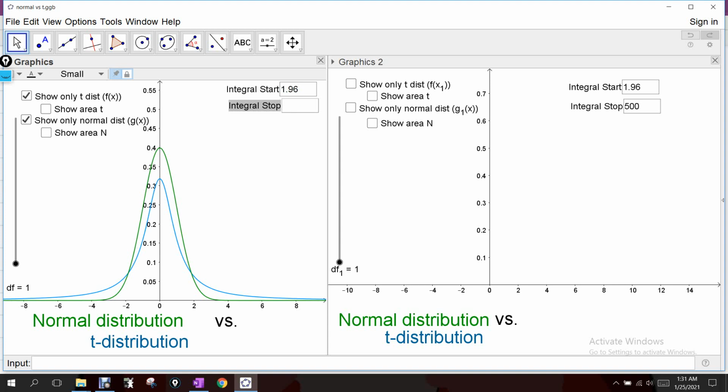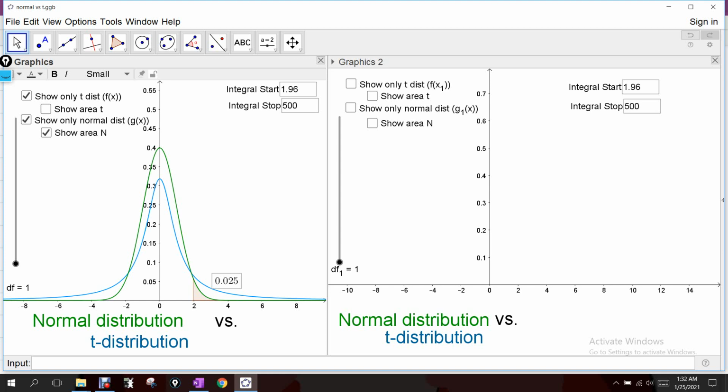But I think I've got this set up to allow me to go out to 500. So next value out to 500. And if I show you the area underneath the normal curve, there's that 0.025 that we know as the right tail for z sub alpha over 2.